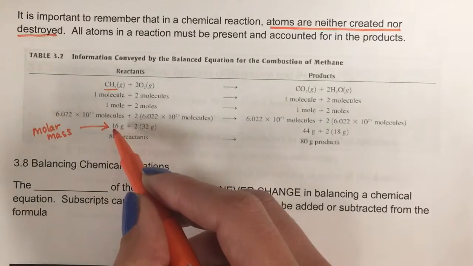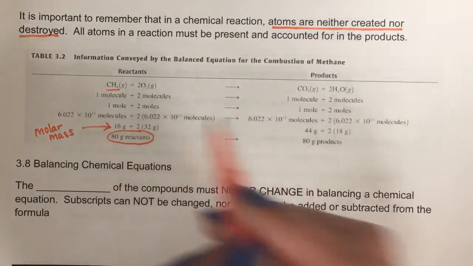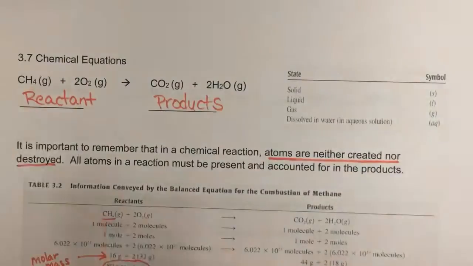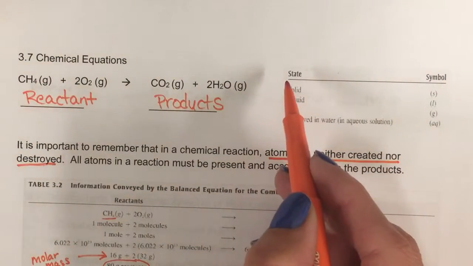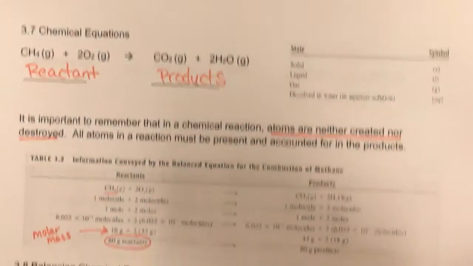Because it's 16 plus 64, I'm going to need a total of 80 grams of both of my reactants to make this go. So just by looking at my reaction, just by writing out this information, I already know a ton about my reaction, okay?